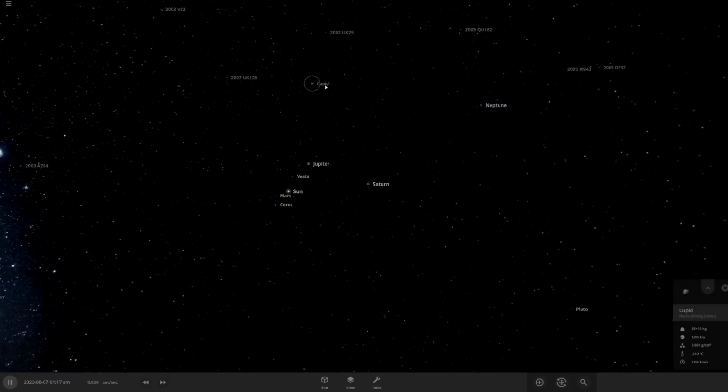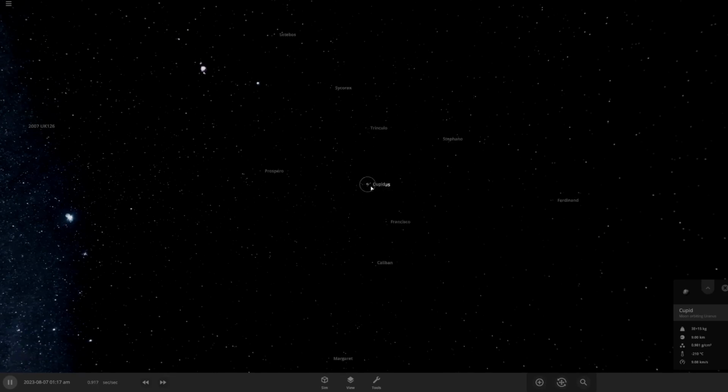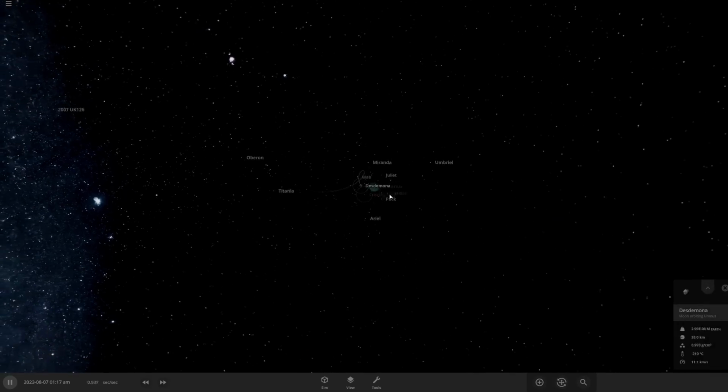The next planet in our solar system is Uranus.